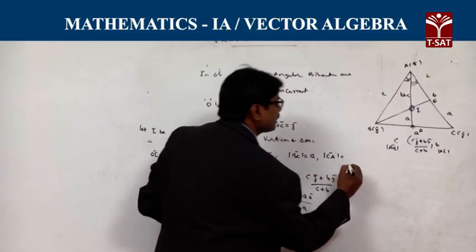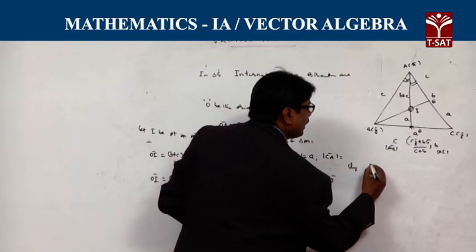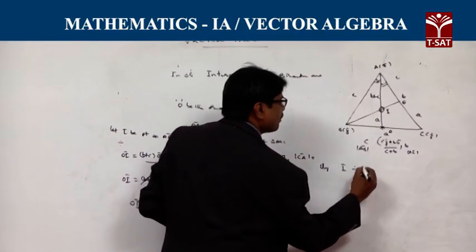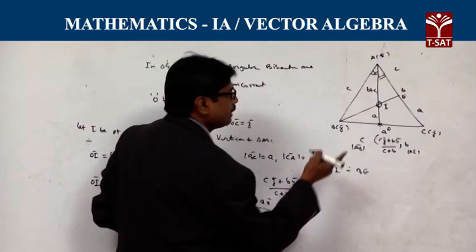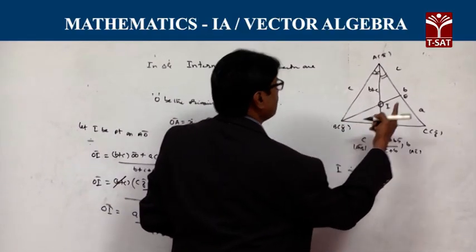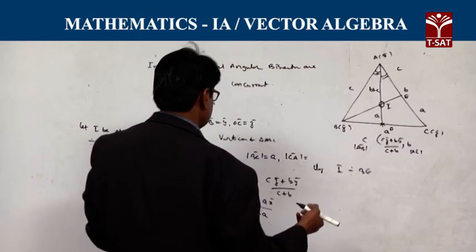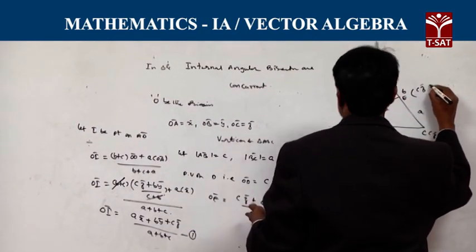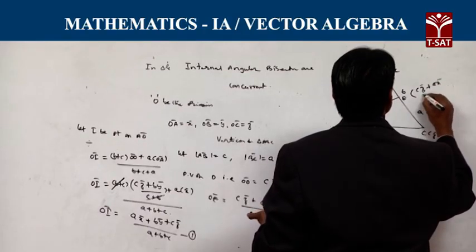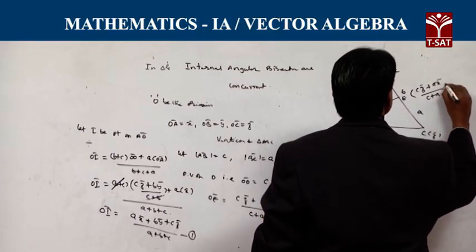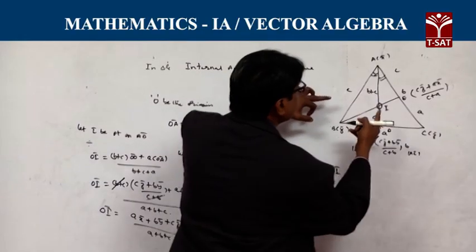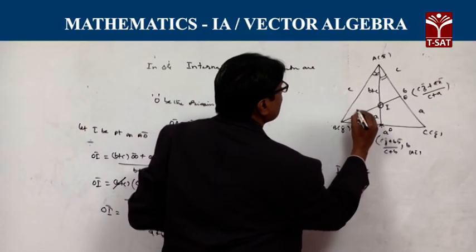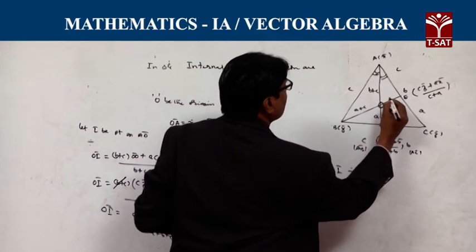Similarly, I divides BE bar. Just now we did OE bar, which is nothing but c times z bar plus a times x bar divided by c plus a. Now take I dividing BE in the ratio of a plus c to b.